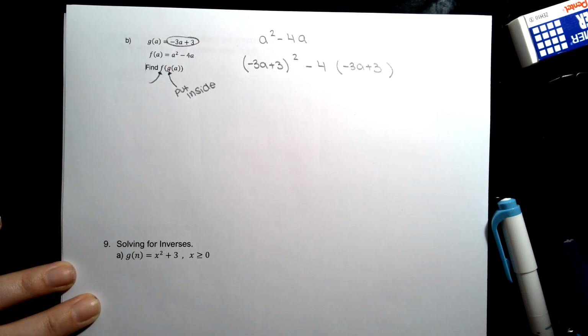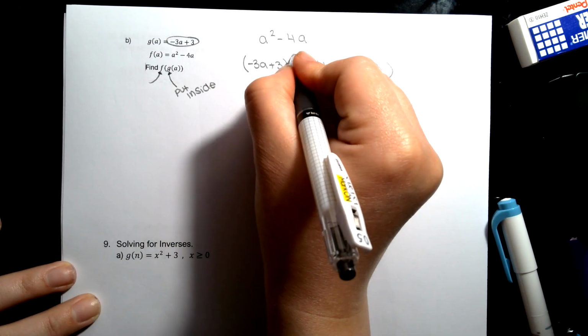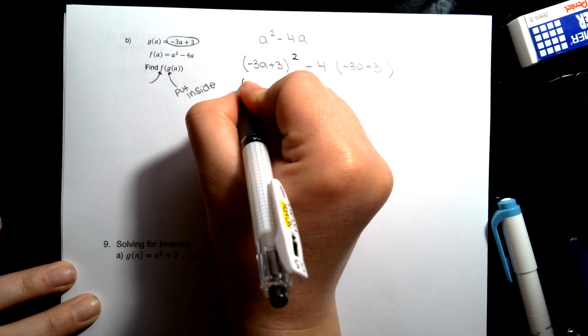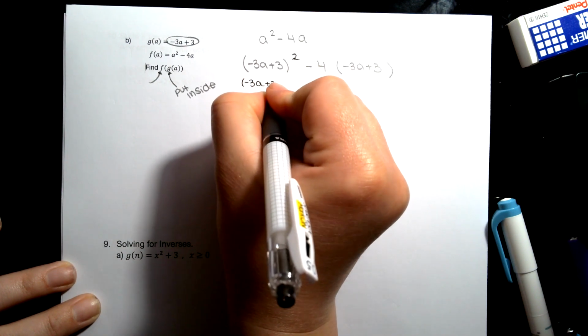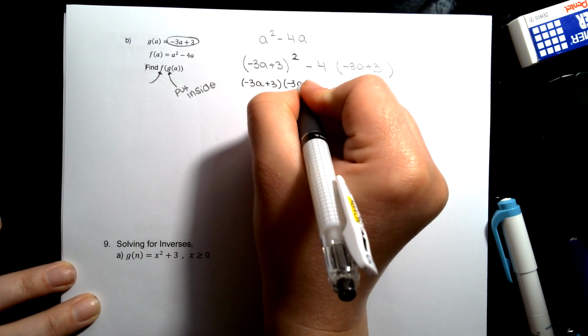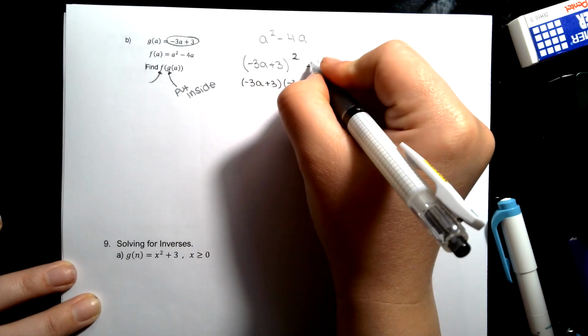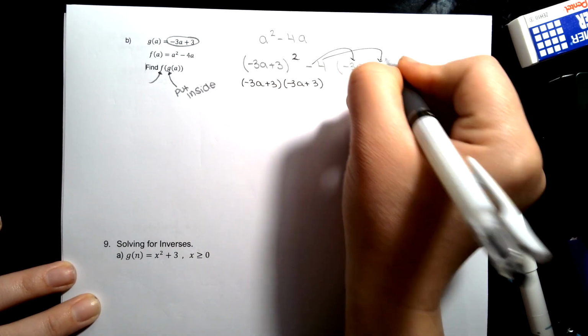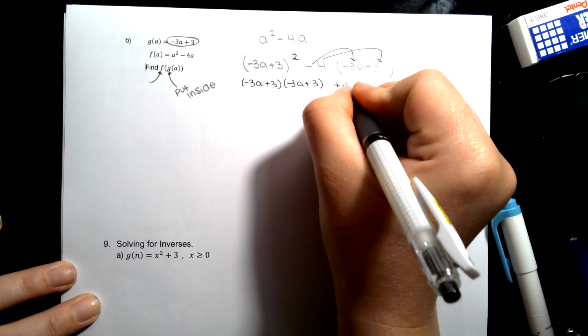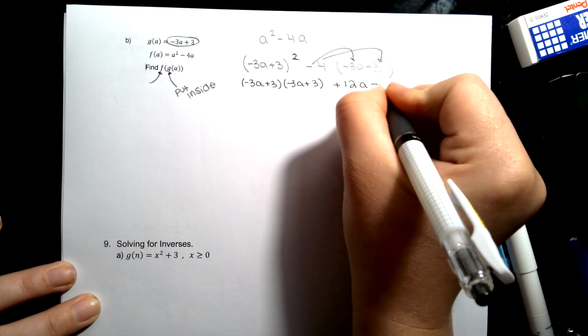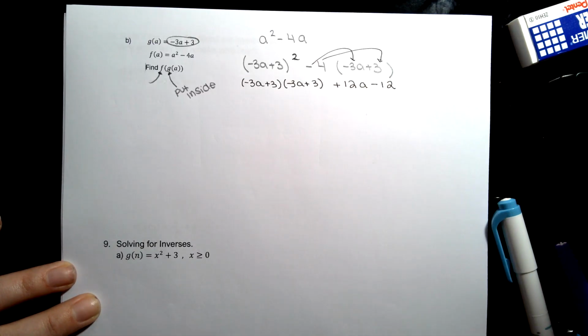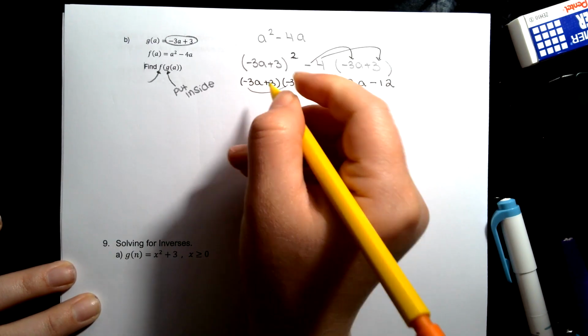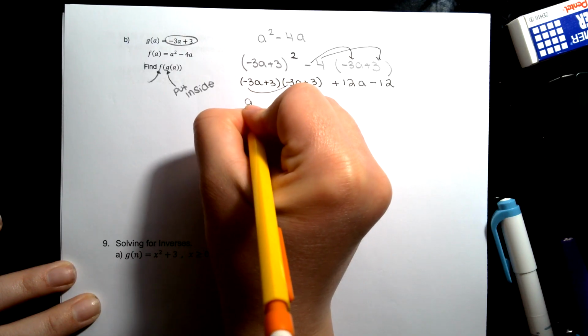Now this one is a little bit more complicated just because you can have a squared, which means this negative 3a plus 3 needs to be written out twice. Take this negative 4 and distribute it. We get positive 12a, negative 12. Here we need to distribute as well. Negative negative gives us a positive. 3 times 3 is 9.